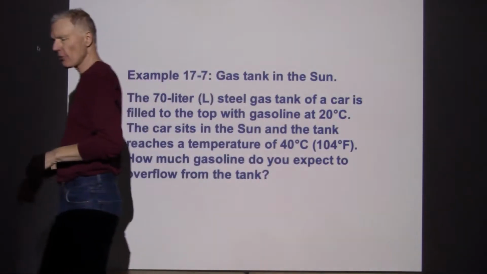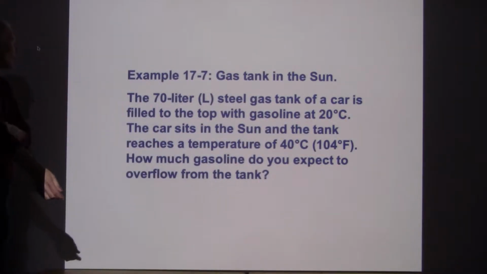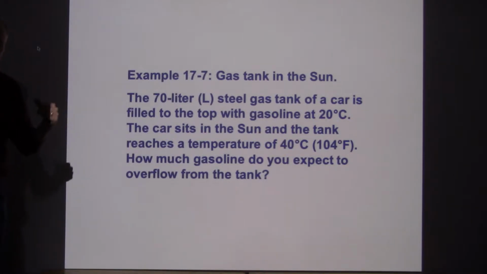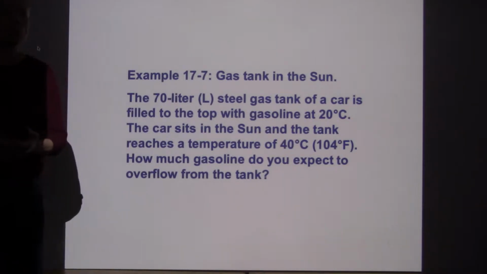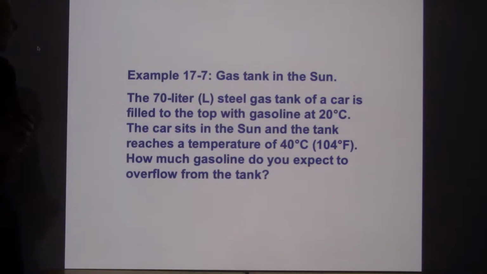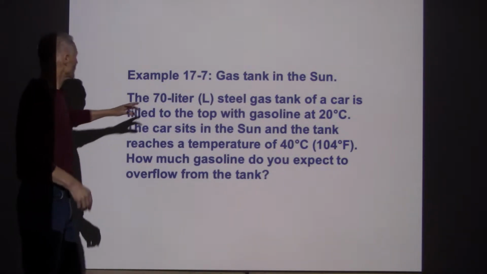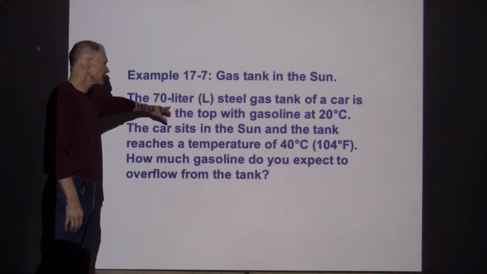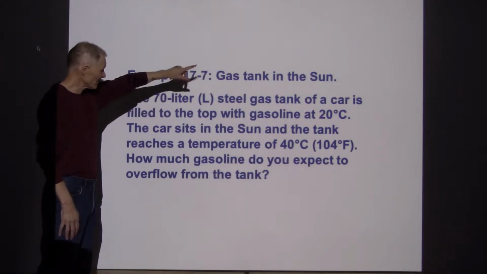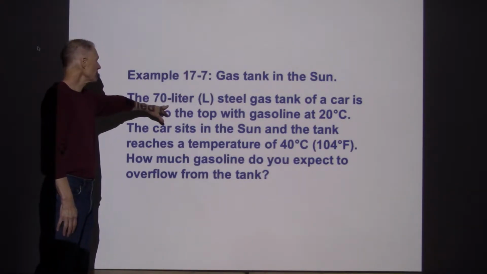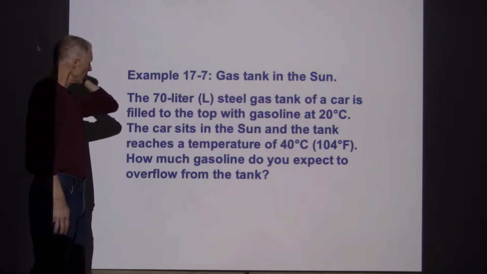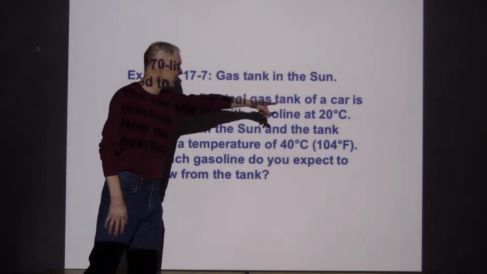And the example we're going to think about here is a gasoline tank. I don't know if the gasoline tank's in the sun, if it's underneath my car, but increasing and decreasing temperatures. So we're going to take a steel gasoline tank on my car, 70 liters in volume, and we're going to start off at 20 Celsius.